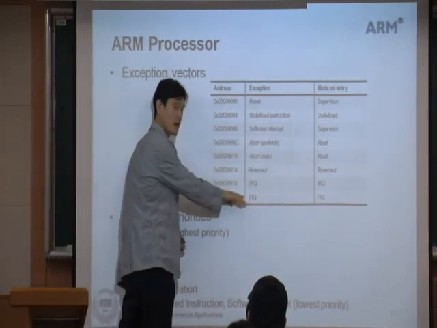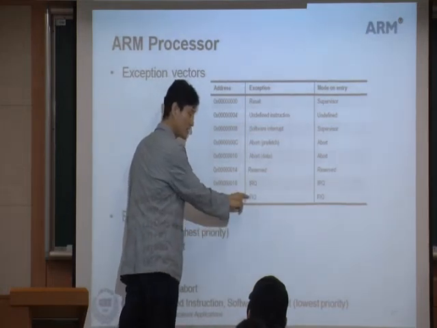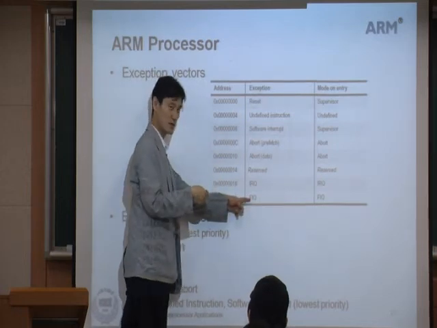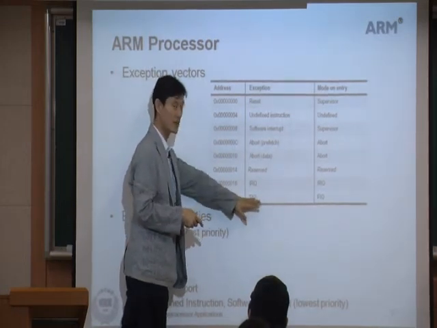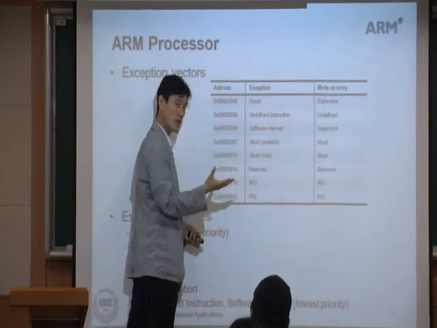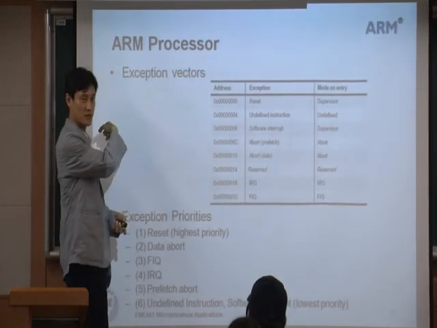But in the fast interrupt, when you get an interrupt, you jump to this fast interrupt vector, and remember that this is actually the last one in the vector table. There is a reason why the fast interrupt is at the last. Since this is the last, you don't have to jump to the actual interrupt service routine.